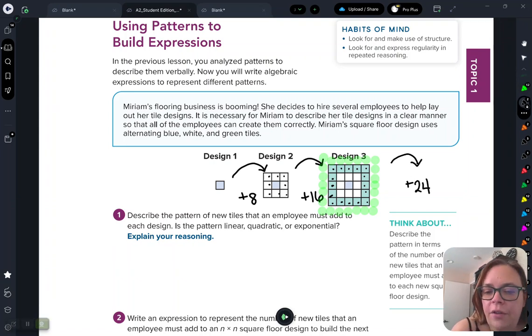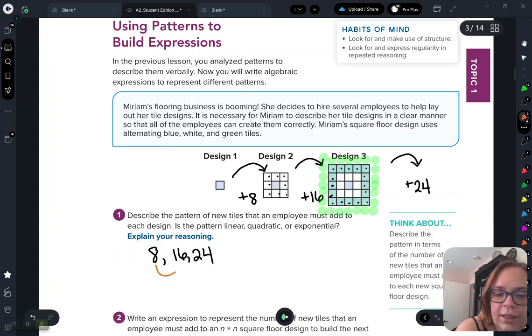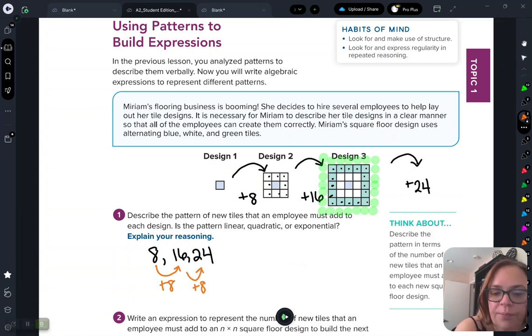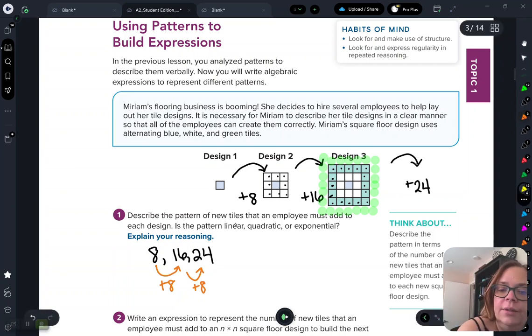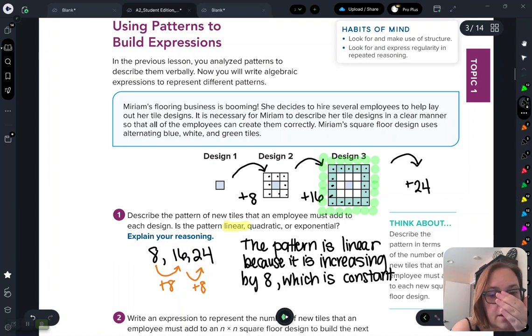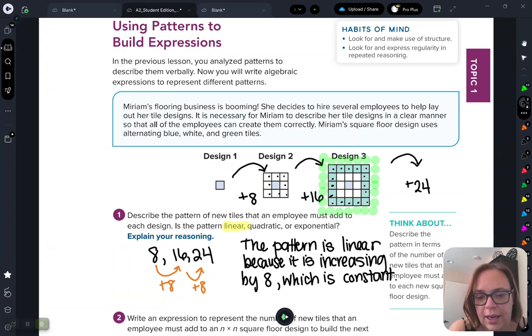Okay, so the pattern of the new tiles of 8, 16, and 24, we can see that that is going up by 8 each time. Anytime we have a pattern that is increasing by adding the same number each time, remember, that is linear. Okay, so our answer is linear. So the pattern is linear because it is increasing by 8, which is constant. We're adding 8 each time.